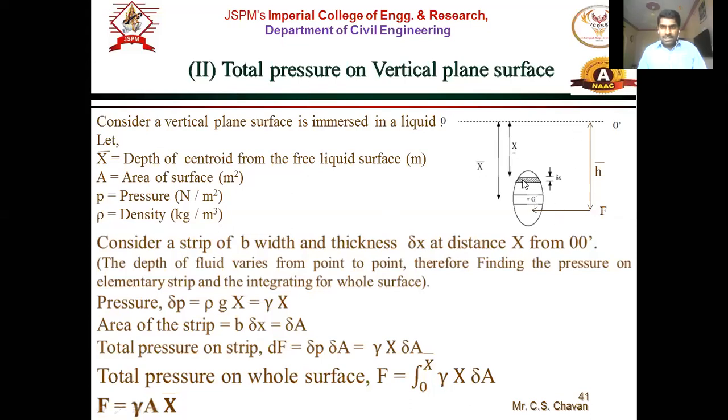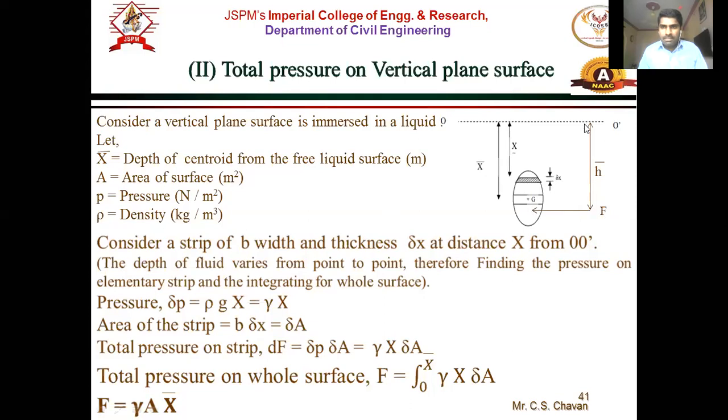Now in this case we assume a small strip, right, whose width is B and whose thickness is delta x. This small strip is at depth x from the free liquid surface, right? And somewhere here is P, the center of pressure, where the total pressure force will be acting.